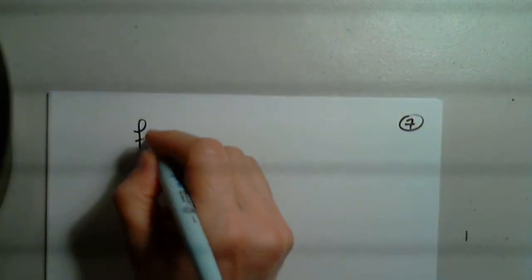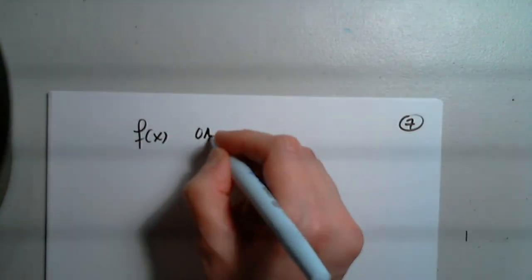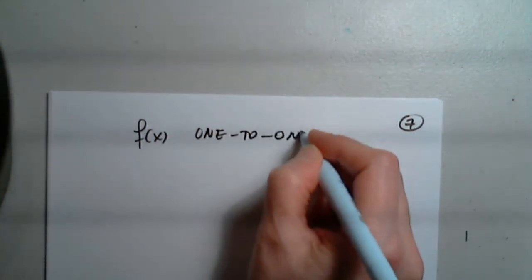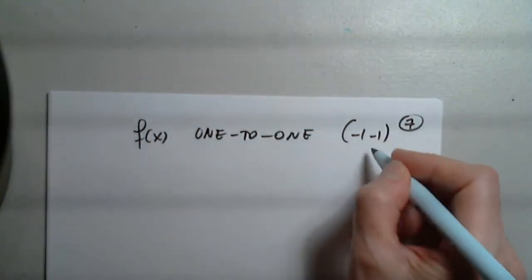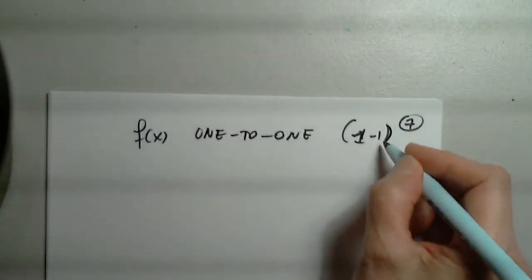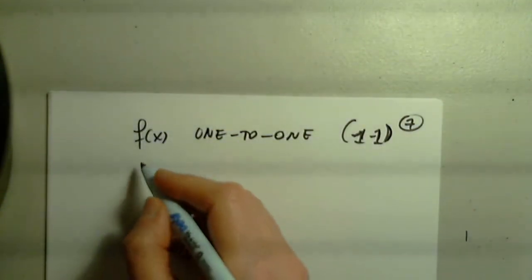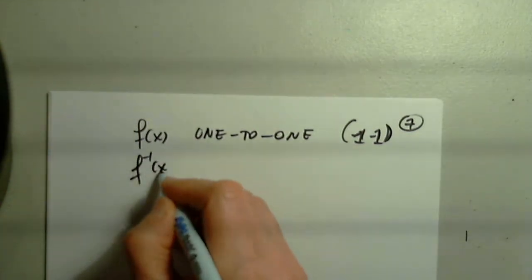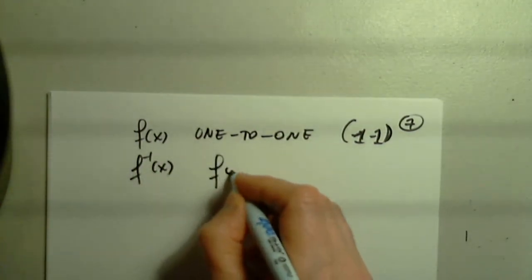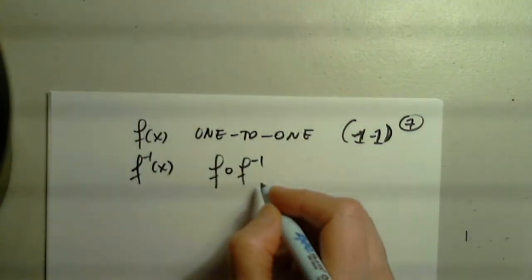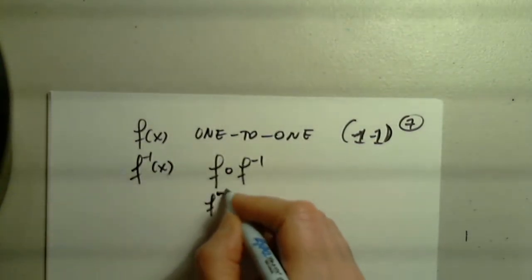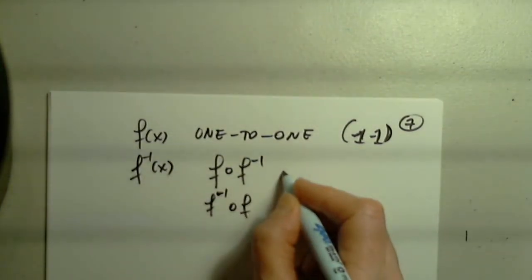So when we have a function that is 1 to 1, normally we write it like this. The function has an inverse, and the function composition in either direction has to equal x.